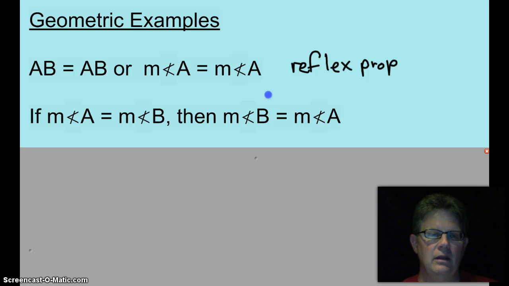If the measure of angle A equals the measure of angle B, then the measure of angle B equals the measure of angle A. Okay? That is where the measure of A and the measure of B have switched sides. That is an example of the symmetric property.